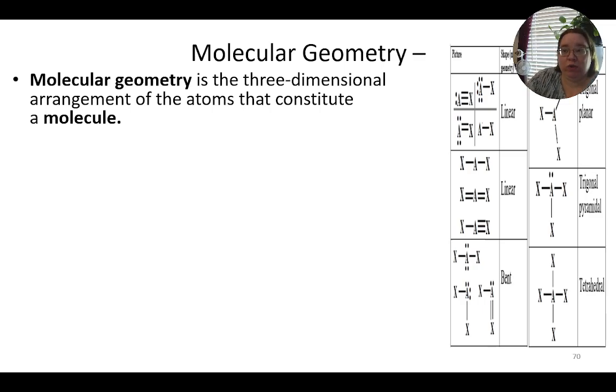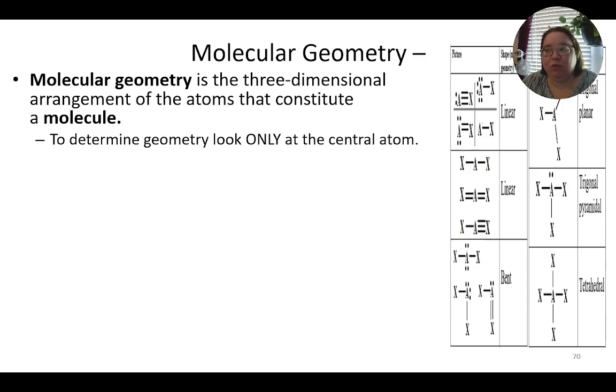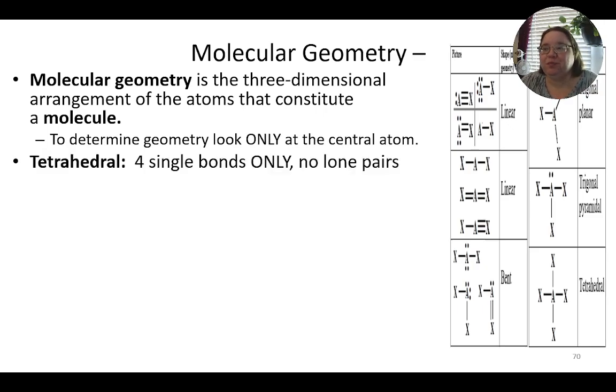So when we are trying to describe the molecular geometry, we are looking at what shape it makes around that central atom, and it's important to make certain you identify what your central atom is. So there are 5 basic shapes that we will look at this semester.